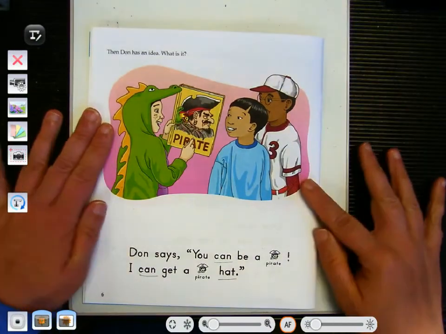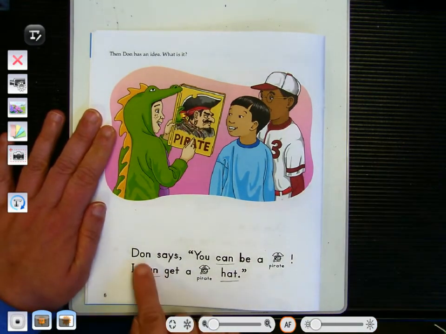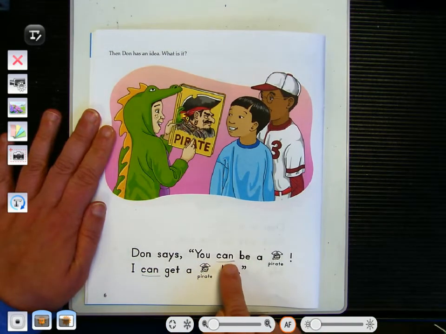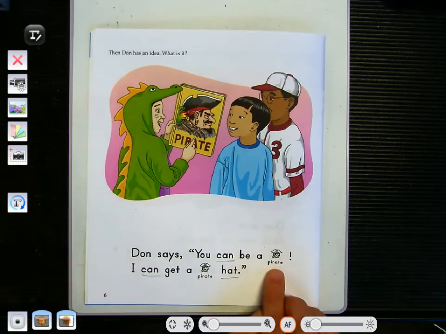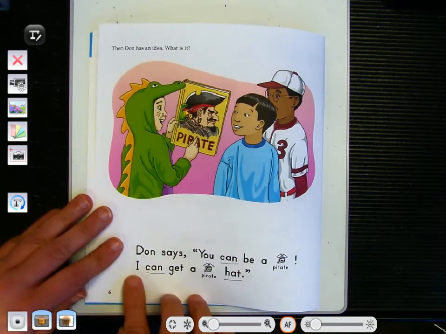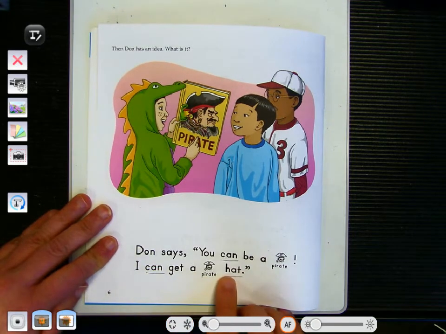Then Don has an idea. What is it? Don says, you can be a pirate. I can get a pirate hat.